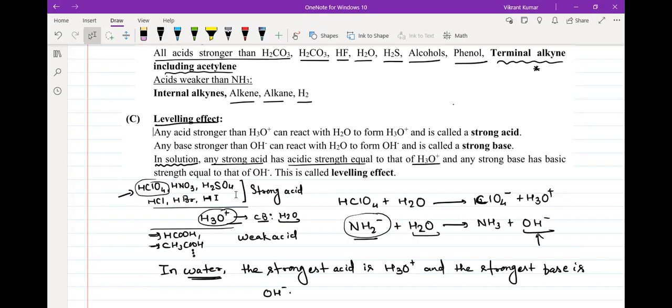A question can be created that if I am not talking about water, if I am talking about leveling effect in ammonia, then we'll say the strongest acid is NH4 plus and strongest base is NH2 minus. Similar way. Okay. Anything else?